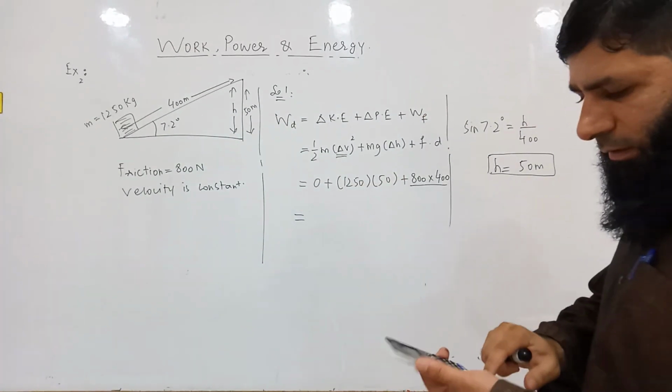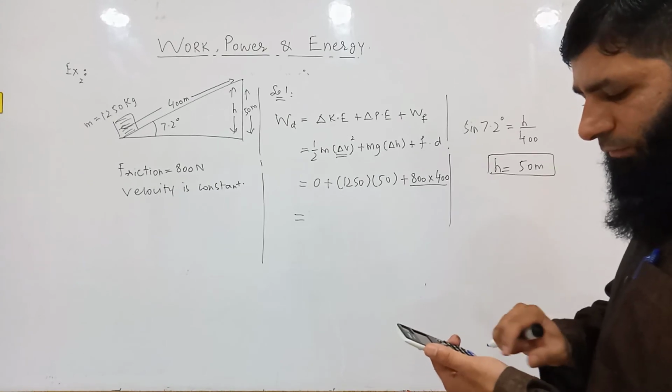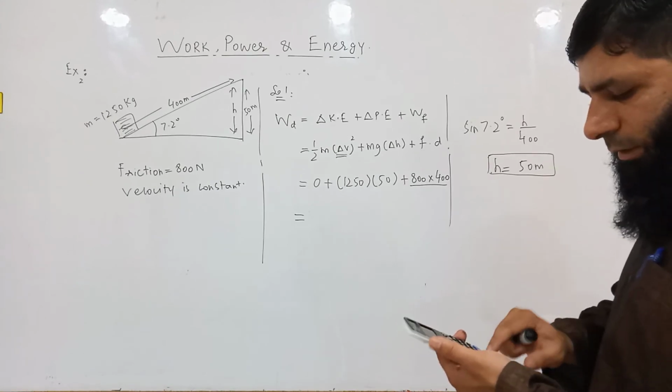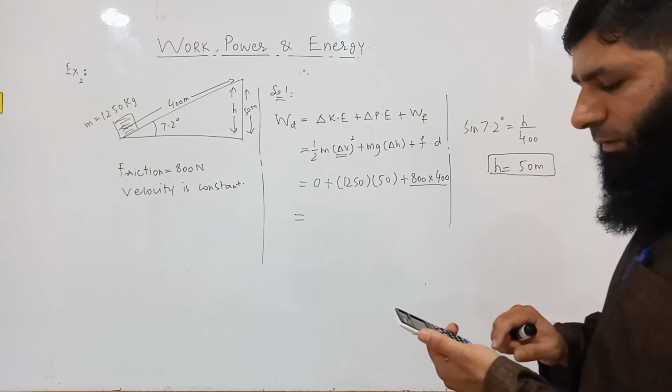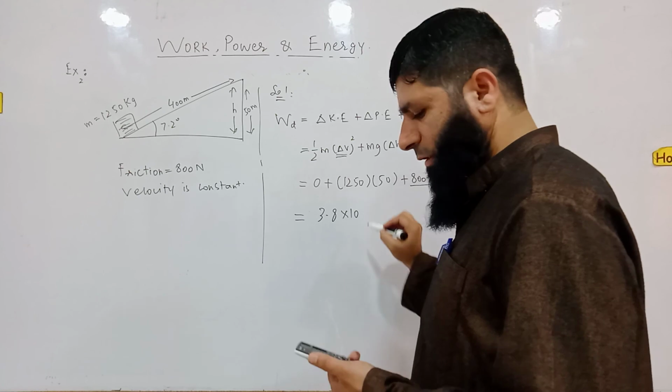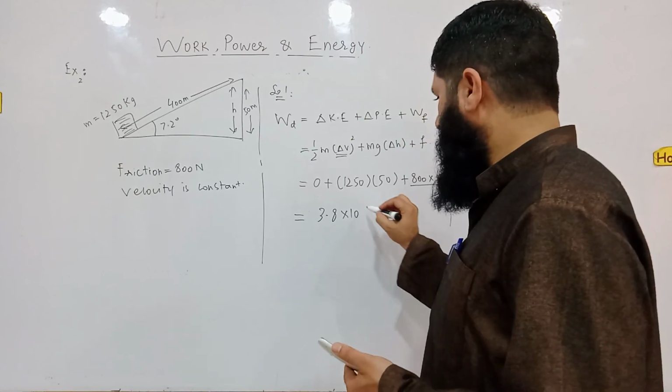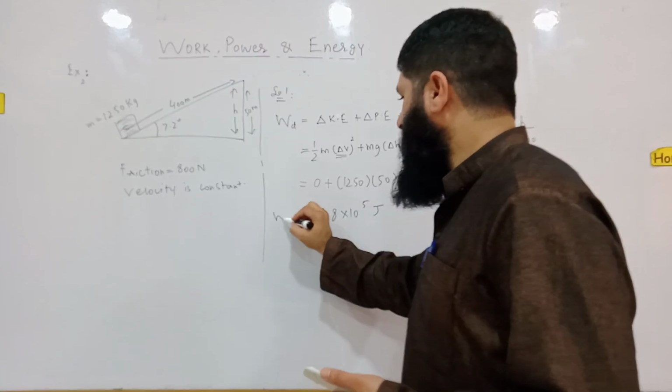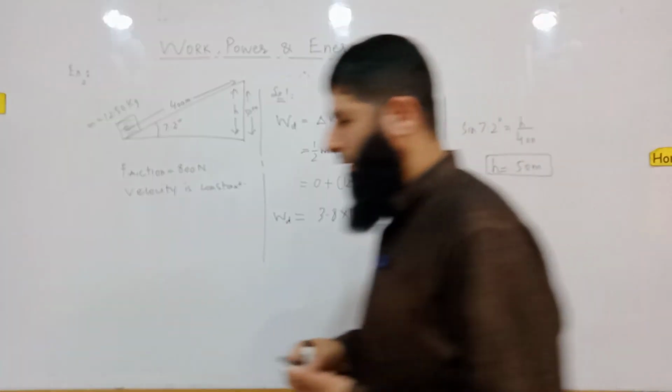Now if we multiply 1250 multiplied by 50 plus 800 multiplied by 400, we will have 3.8 multiplied by 10 raised to power 5 joules. This will be the work done against the driving force.